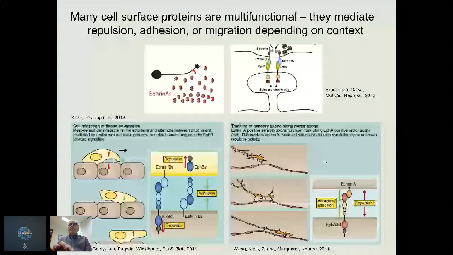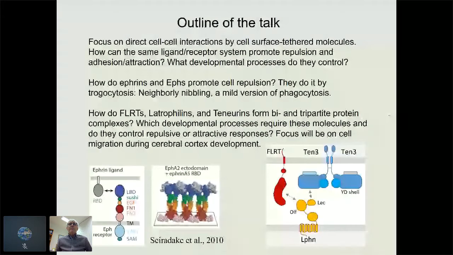So the slides that I put together will not only focus on Ephs and ephrins, but I will also talk about a few other molecules. I will focus only on cell-cell interactions, direct cell-cell interactions. So I will leave out all of the secreted axon guidance molecules.